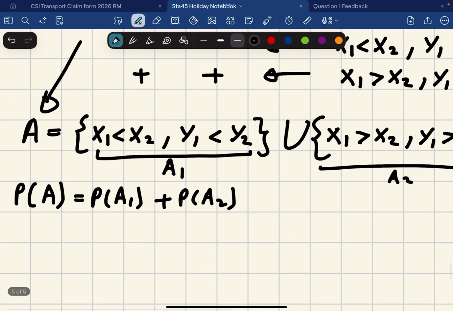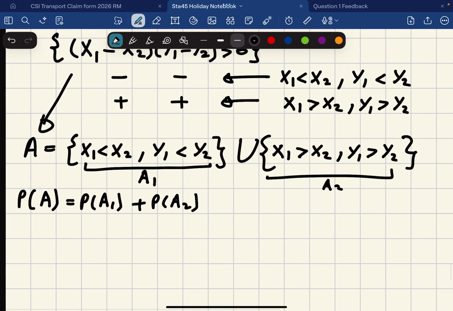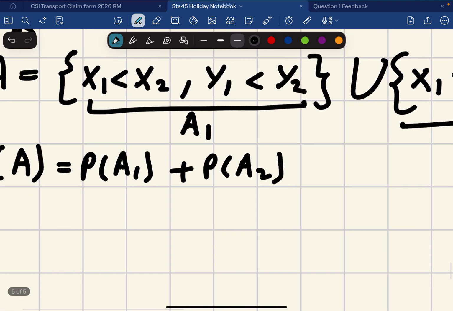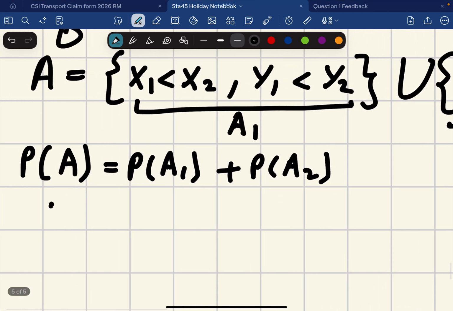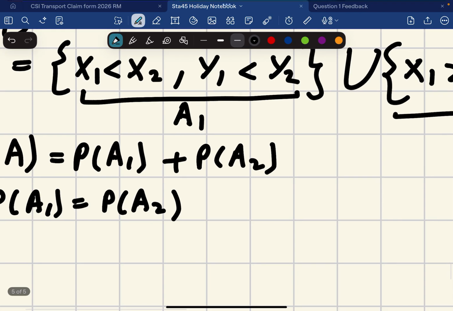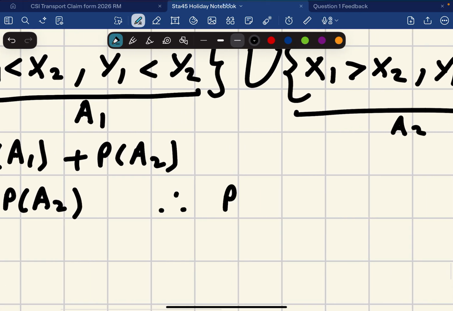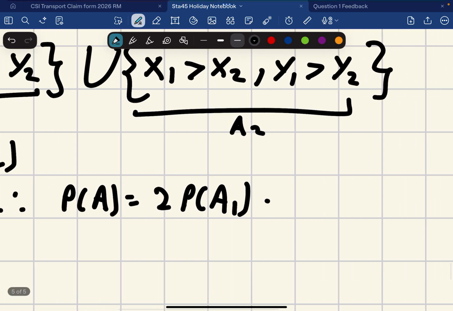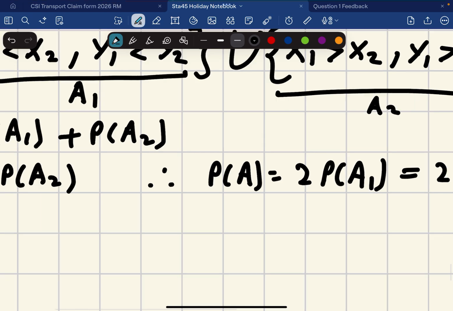So they are mutually exclusive, right? So now I'm going to prove to you that the probability of A1 is the same as the probability of A2, and therefore the probability of A is the same as twice the probability of A1, which is the same as twice the probability of A2, right?